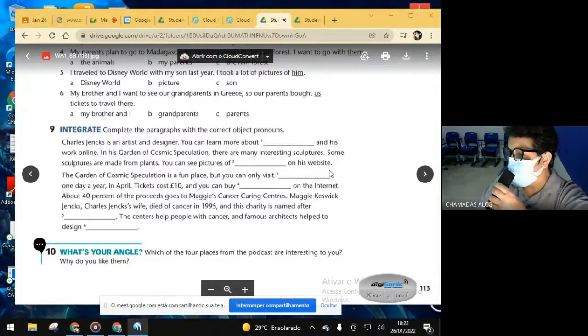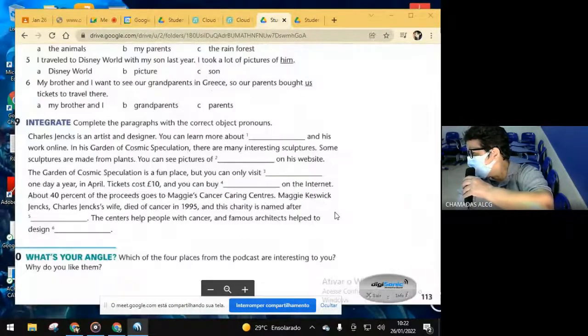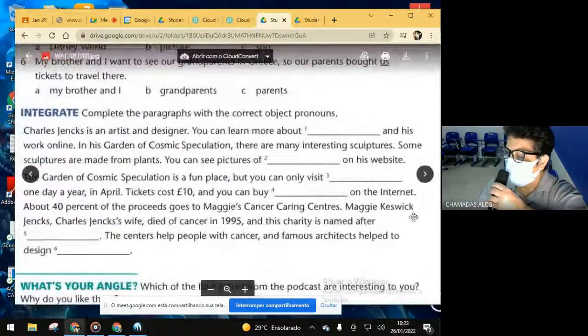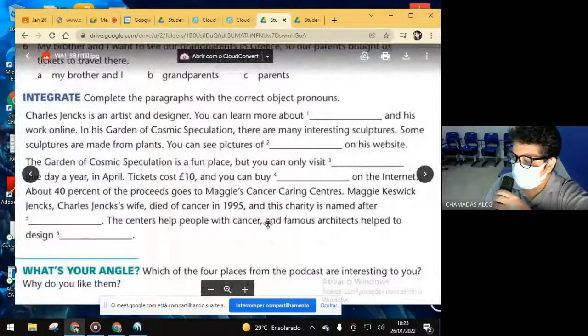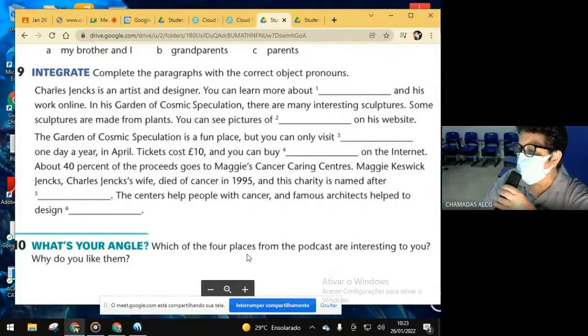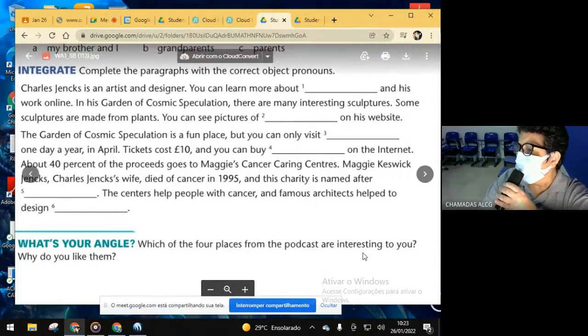So this is page 113, right? Yeah, 113. So we finished that. The only final question we should discuss is which of the four places from the podcast are interesting to you?